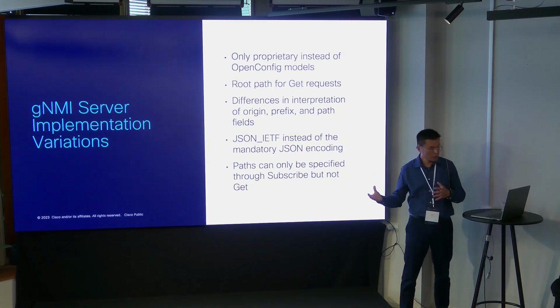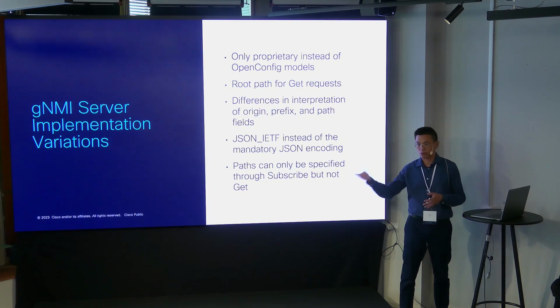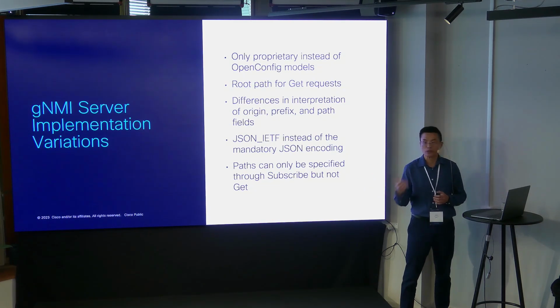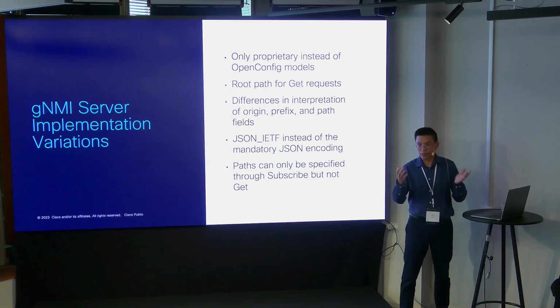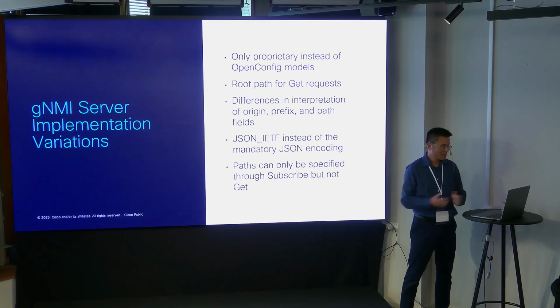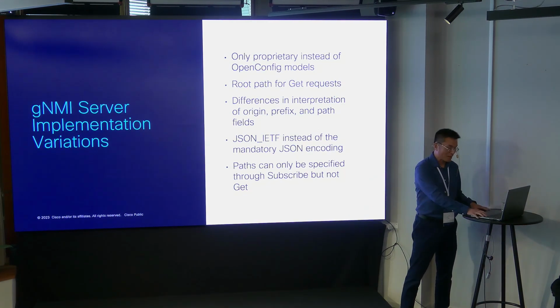And some paths can only be specified with the subscribe calls, but not with the GET calls. I guess in those cases, the implementers decided that supporting the subscribe method calls is more important than GET. But that really shouldn't be the case.